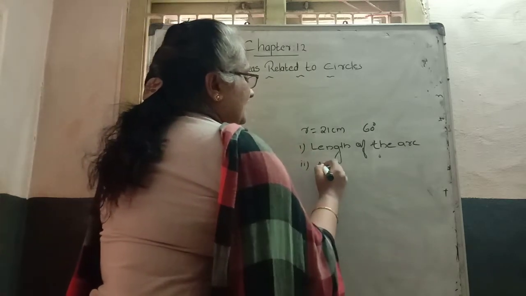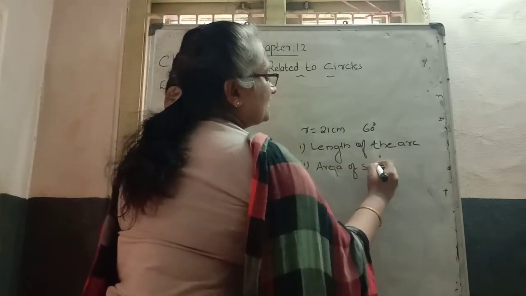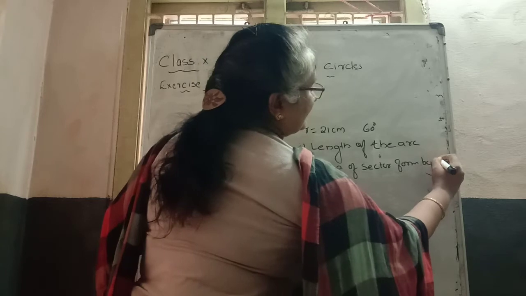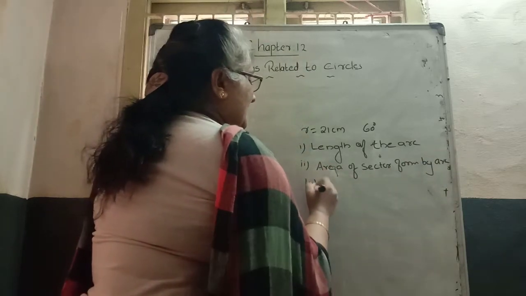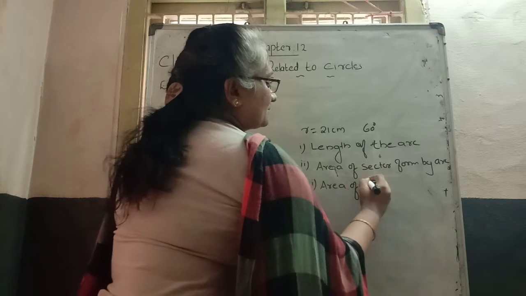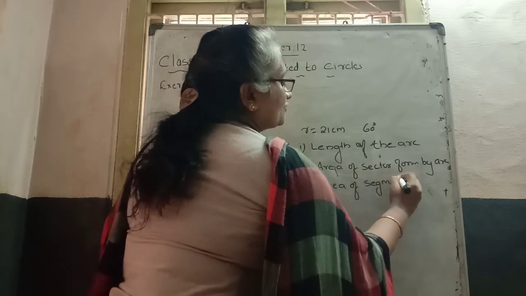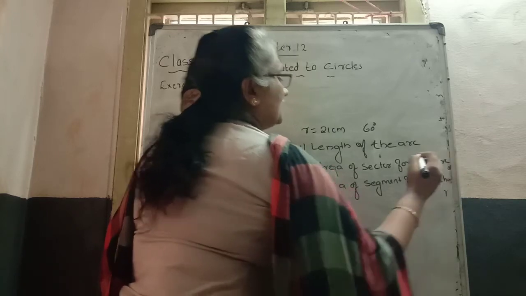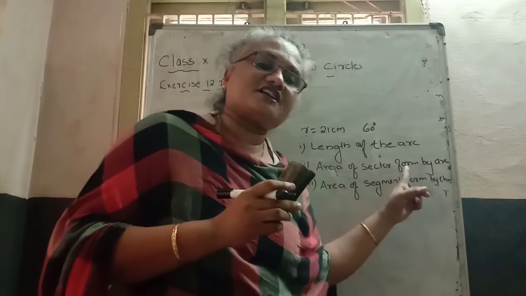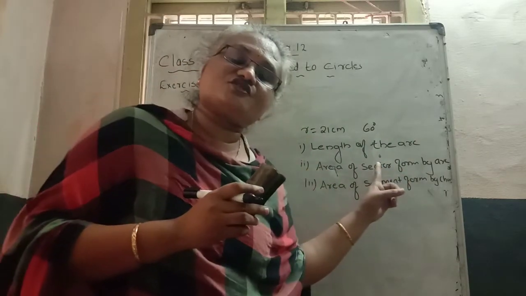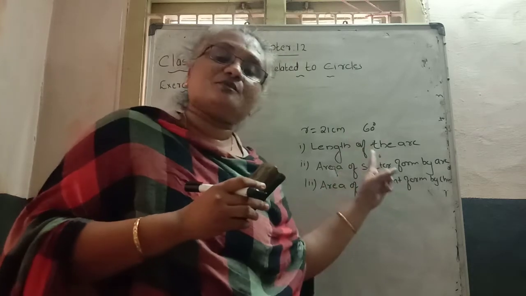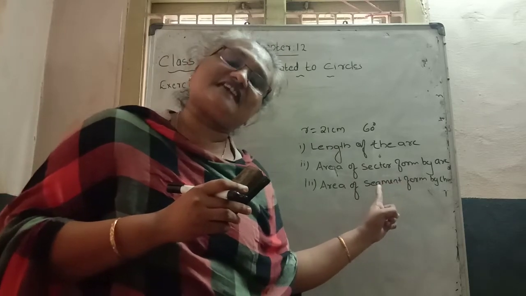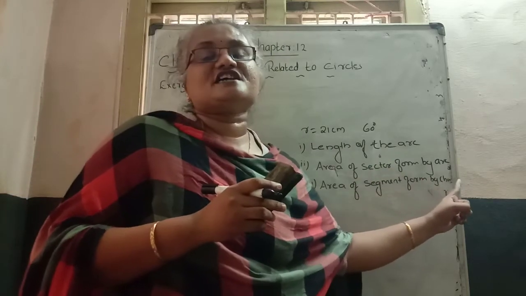The second part is the area of the sector formed by the arc. The third part they ask is to find the area of the segment formed by the chord. So first part, length of the arc; second part, the area of the sector formed by an arc; third part, the area of the segment formed by a chord.